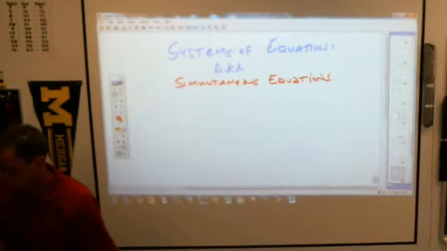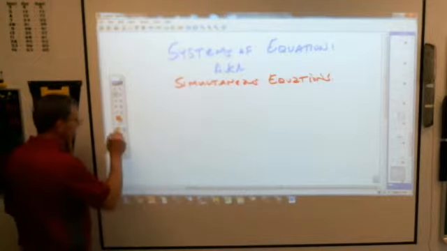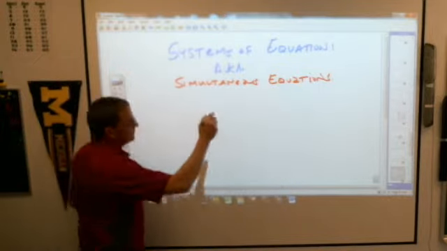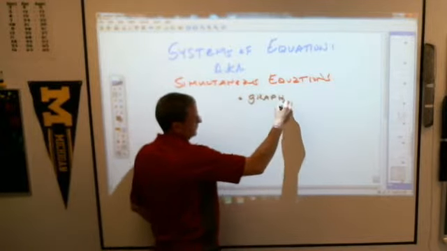I think we actually talked about this before. Are you ready? I think I gave you one of these problems before. The basic short of all this is you are graphing two equations and seeing where they cross.